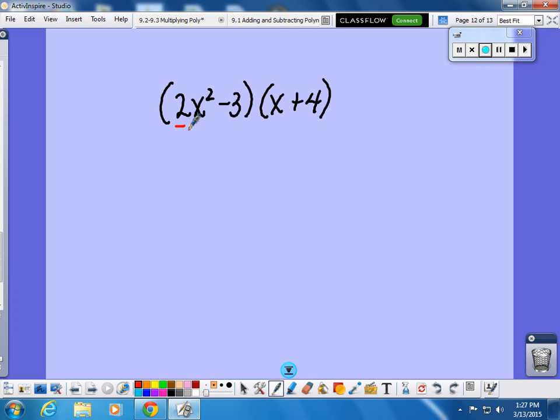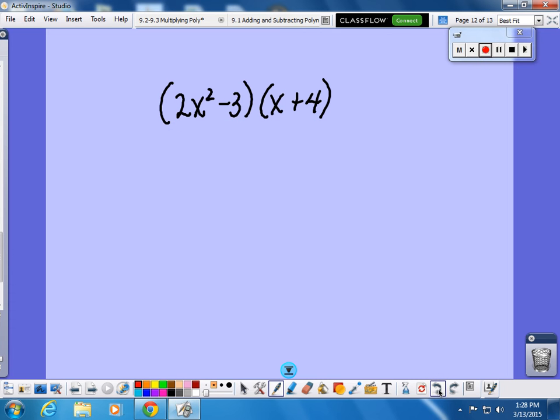Let's classify this binomial. Since it's got a square, what do you call that? Quadratic. Let's classify this binomial. Linear, to the first power, right here. Since they have different degrees, when I do outer and inner, you will see that we will not get like terms. We will not have outer and inner combining in this problem.